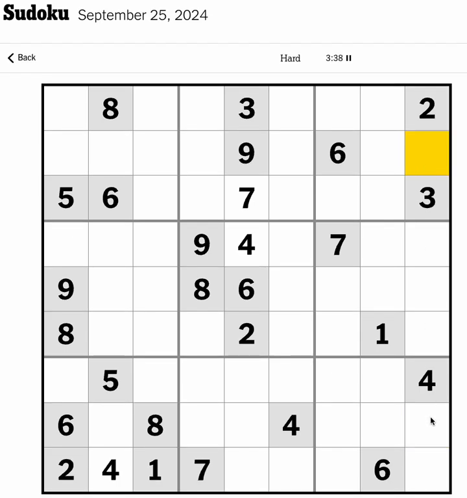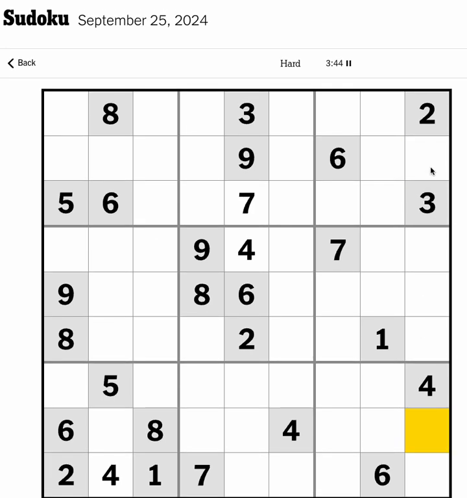So I cannot put anything else in here. That will leave 5, 6, 8, 9 for these 4 cells. And this cell is blocked by 6, 8, 9. So this one is 5.